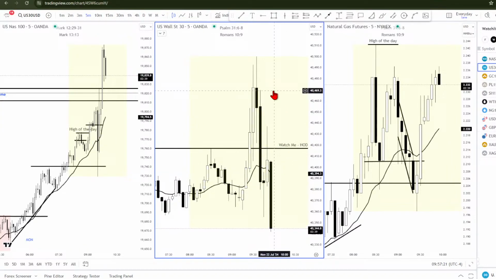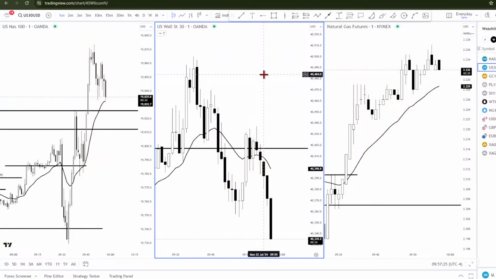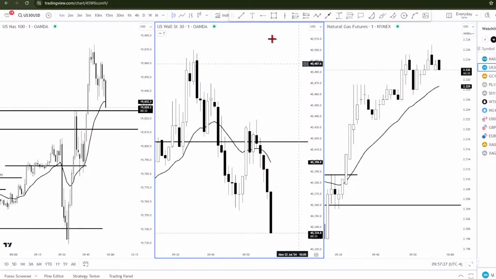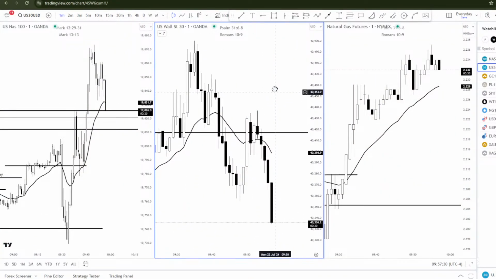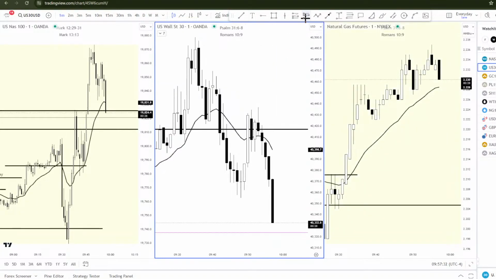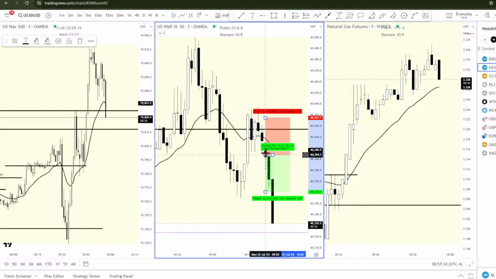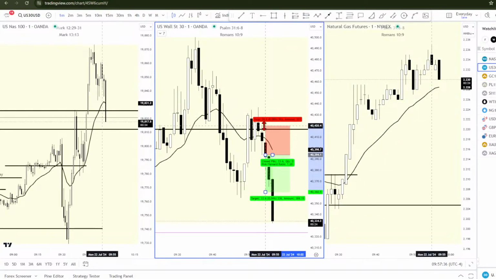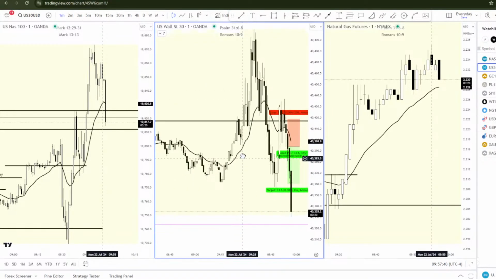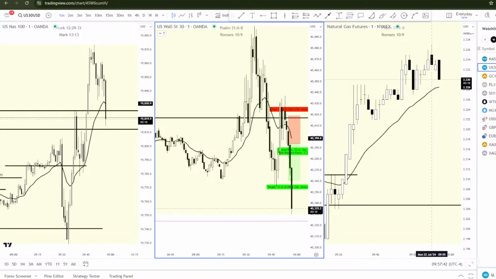Okay, I took the short on US30. Targeting closing price for partials.